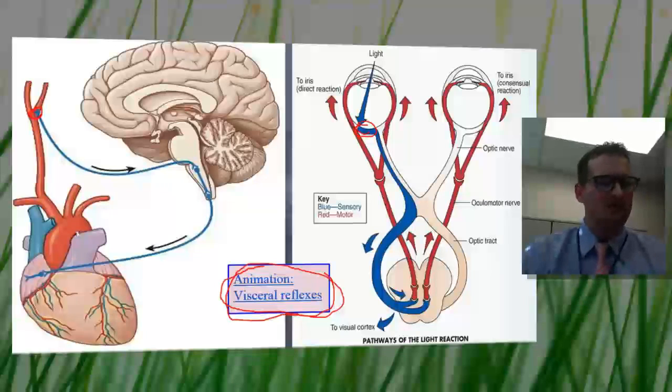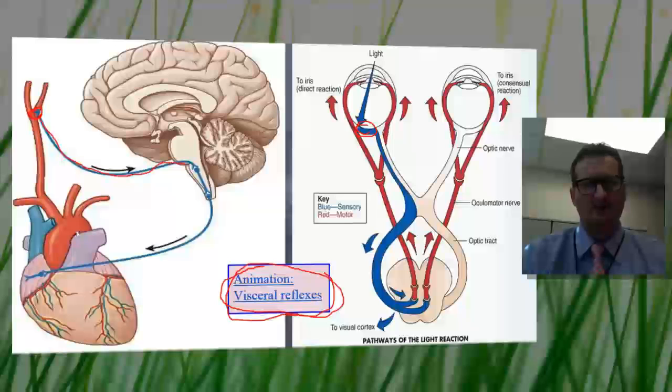So in step 1, receptors detect a change in body conditions. Carotid baroreceptors detect a rise in blood pressure, and the retinal rods and cones sense increasing brightness in the left eye in this example. In step 2, afferent neurons, remember I said afferent, transmit information about this change to the central nervous system. So that's what this is.